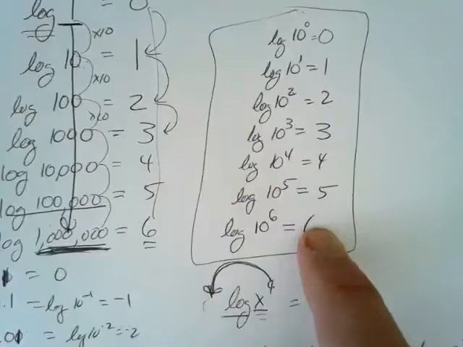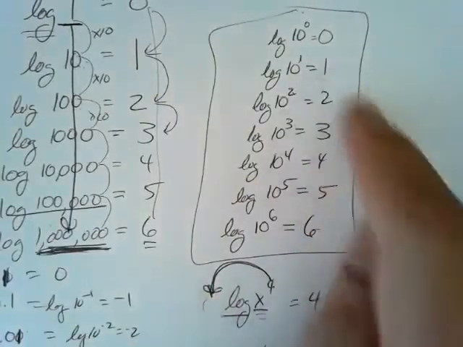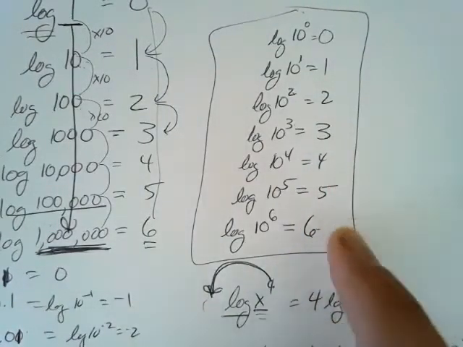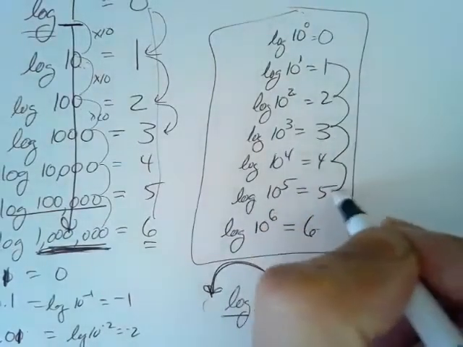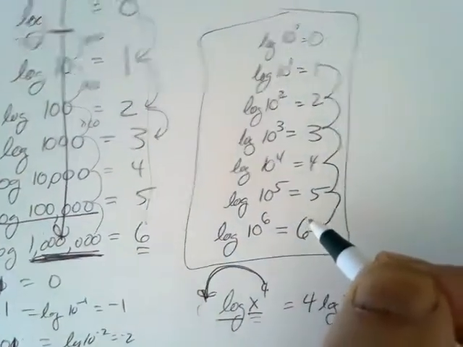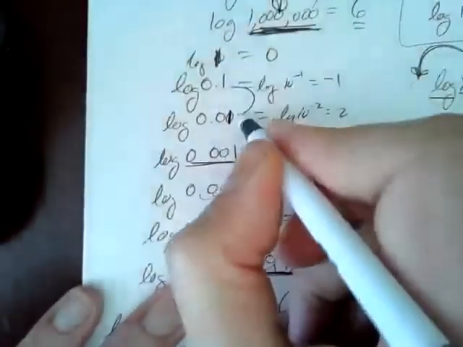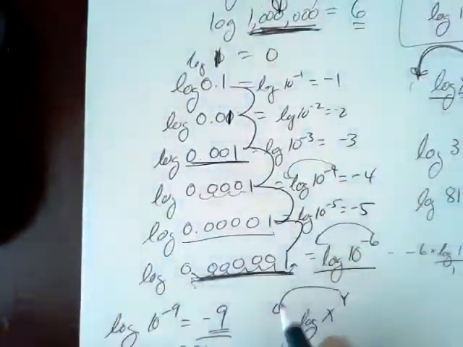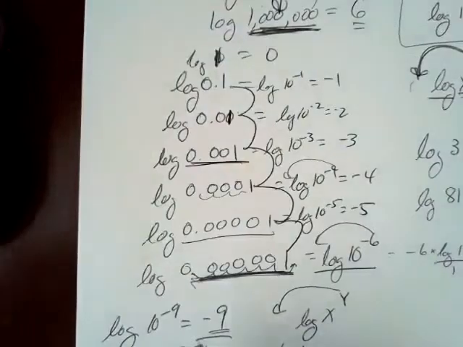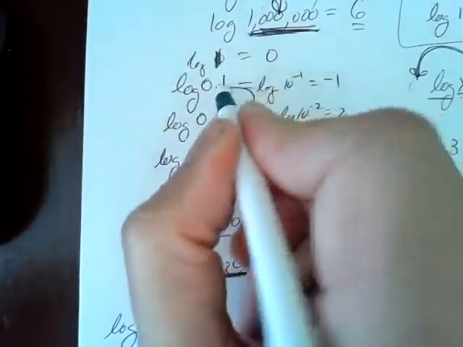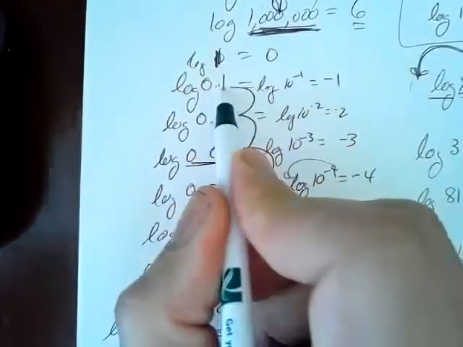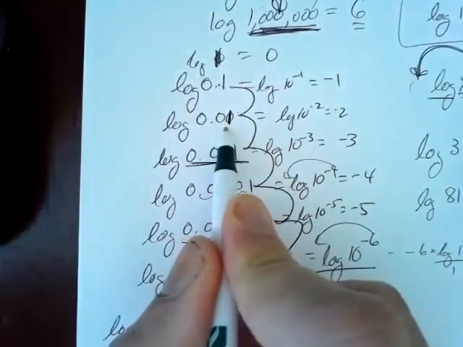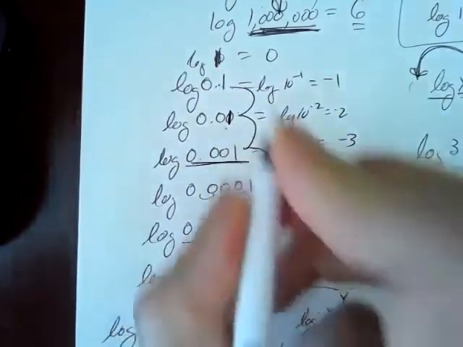So just like here, where we took really big numbers, each one 10 times bigger than the next, but only adding one log unit, when we have decimals, each one of these is 10 times smaller than the last one. This is 1 divided by 10. 0.1 divided by 10 is 0.01. 0.01 divided by 10.